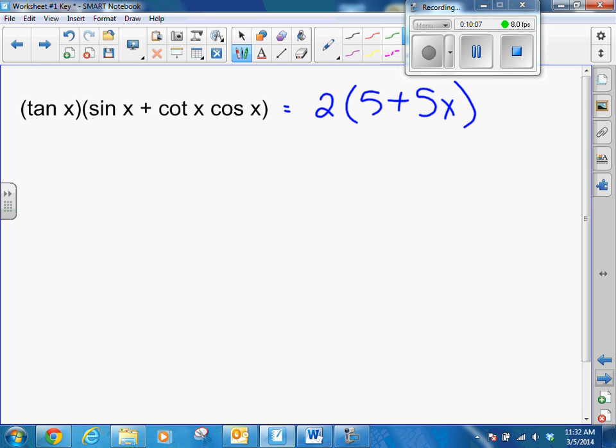How many terms do you have in that parenthesis? You only have 2. So here it would be 10 plus 10x, right? Not 10 plus 10 times 2x, correct? Okay, so if I do this with the trig, I'm only distributing that to 2 things, not to 3.